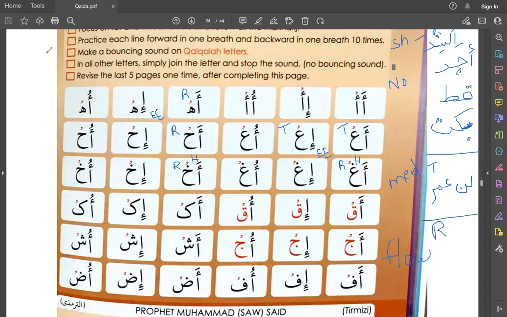Qussa daqtin. These are the letters which are always heavy. Qussa, daqtin: this is dot, dot, going low, clean. This is to, qiv, low.